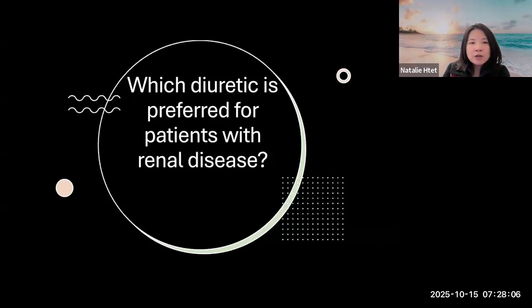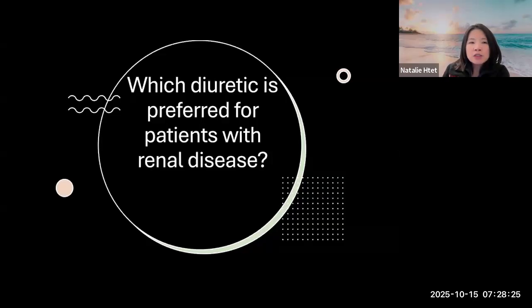So another category is potassium sparing diuretic, like spironolactone, eplerenone, amiloride, or triamterene. I would say these agents have limited role in significant renal disease, and they're not often first line for volume control in moderate to severe renal impairment.